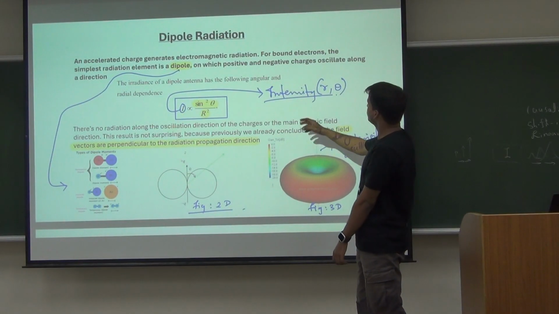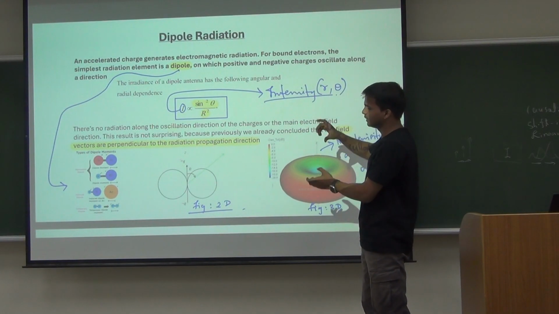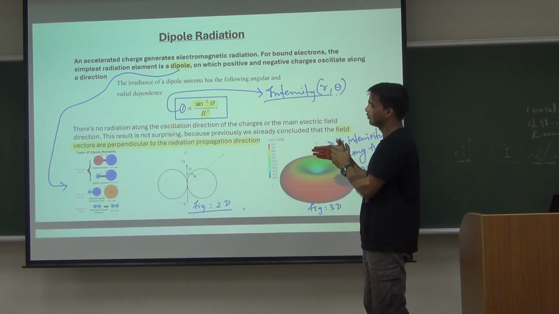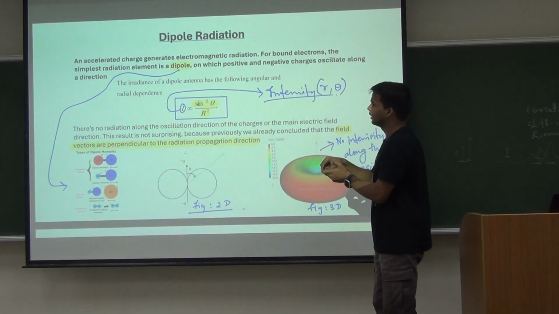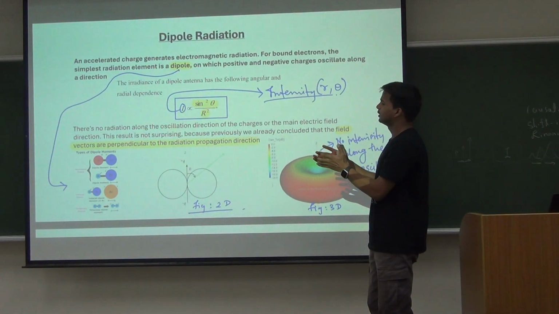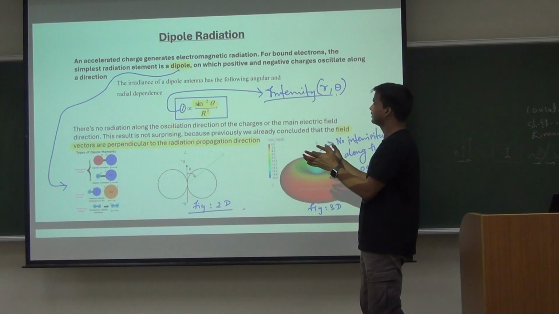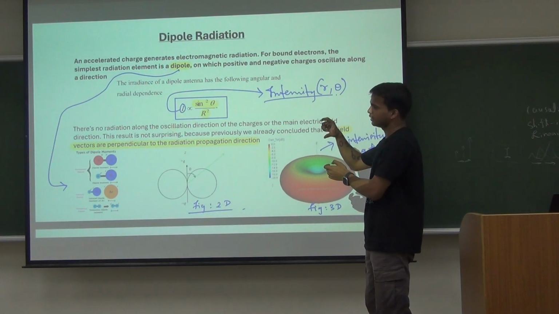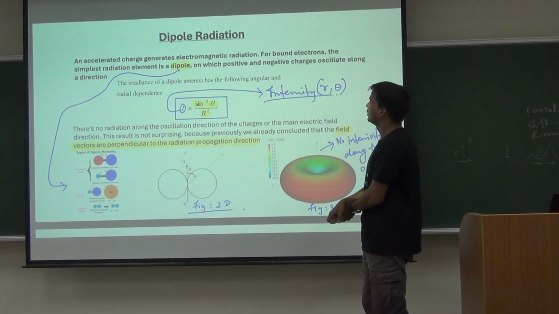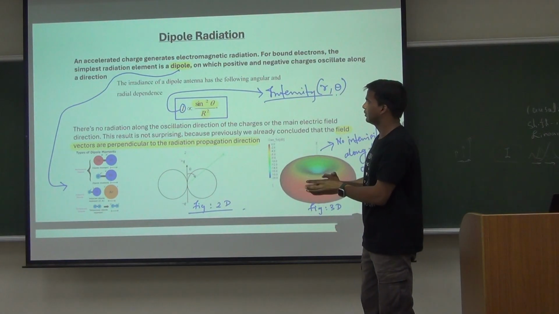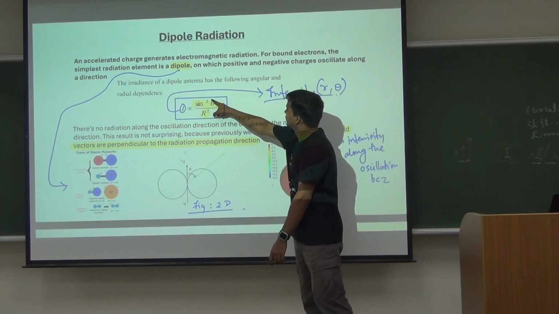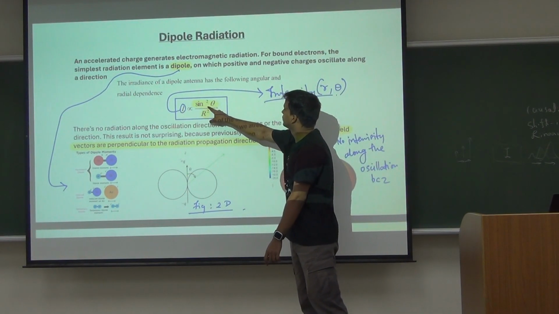They oscillate in a material when an EM wave passes through; the electric field forces them to do so, which generates electromagnetic radiation because of those oscillating dipoles.